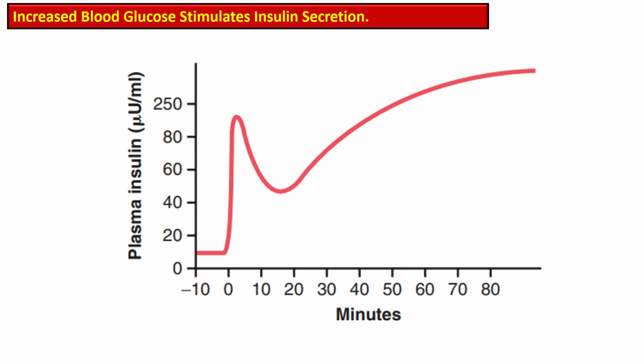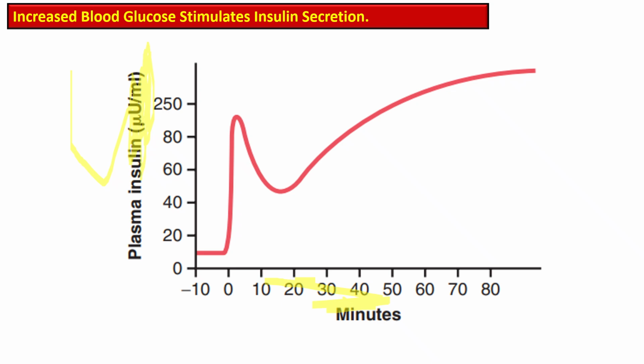There is a sudden rise in the blood glucose to 2 to 3 times of the normal range. On the x-axis, there is time in minutes ranging from -10 to 90 minutes, and on the y-axis there is plasma insulin in microunit per ml, ranging from 0 to 100 microunit per milliliter.